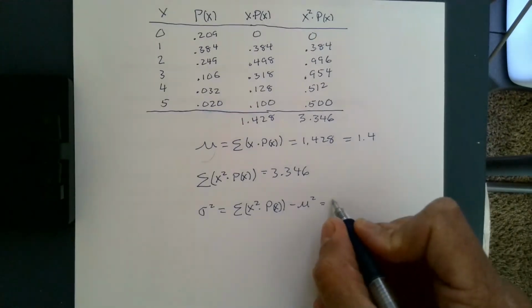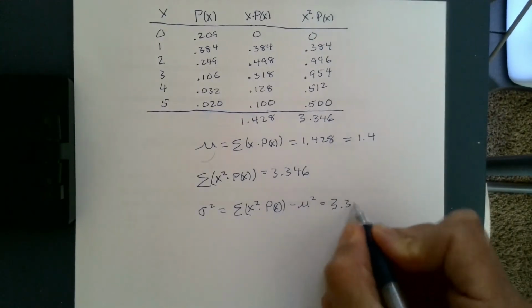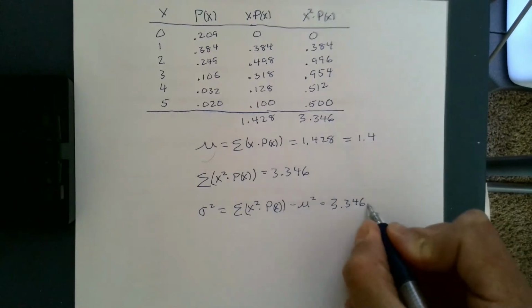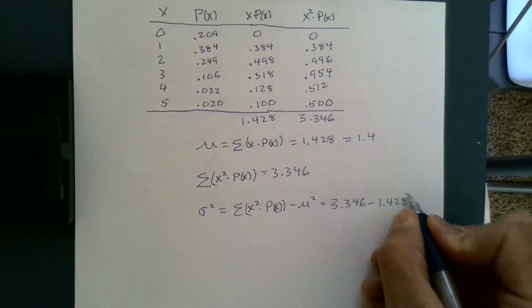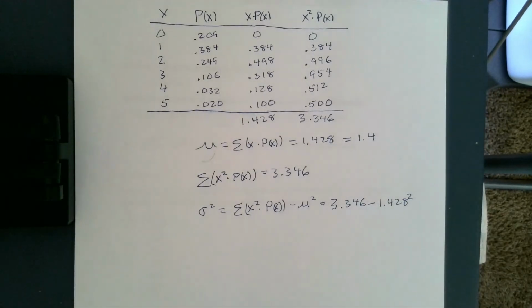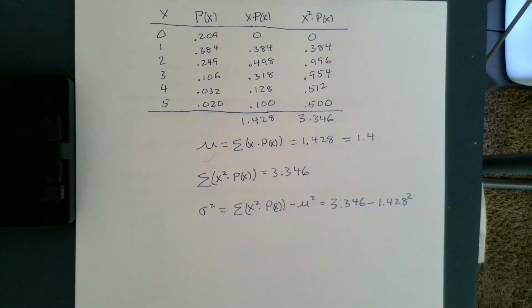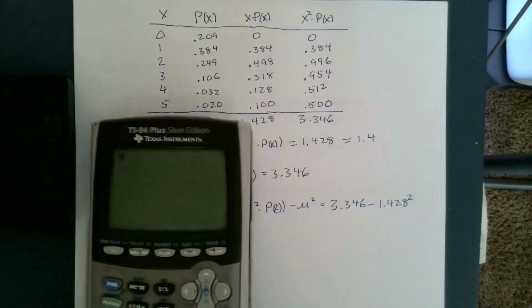So this results in 3.346 minus 1.428 squared. So we will use the TI-84 calculator to figure out the result.